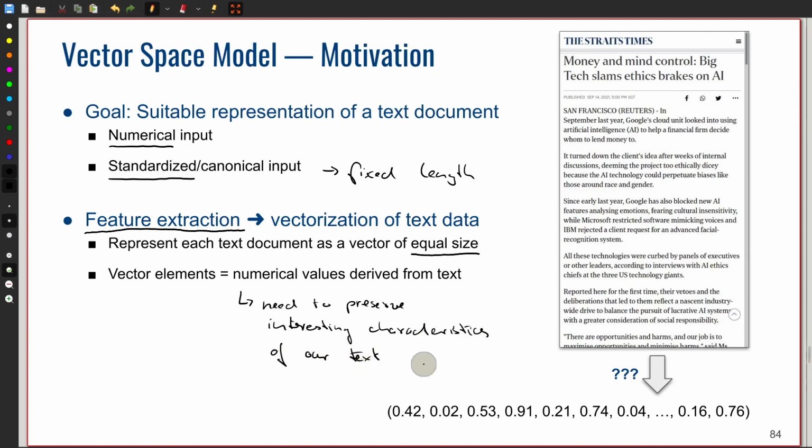And this is of course not trivial. So if you look here on the right hand side as example, we have a news article, and what we want is some kind of numerical vector of a fixed size. But of course the question is, how do we get there? How do we find these values so that they preserve as many interesting features of the original text as possible?